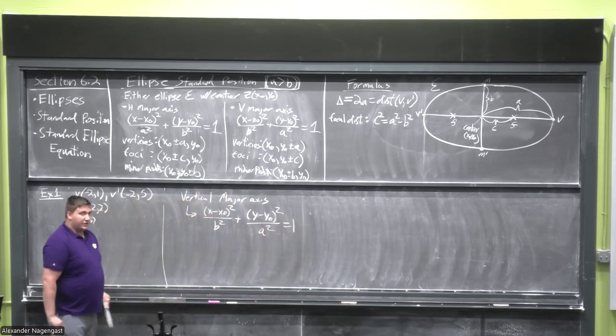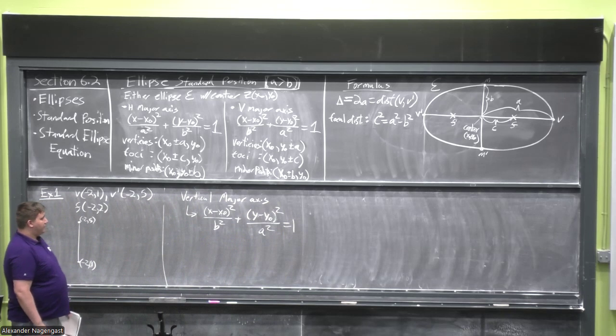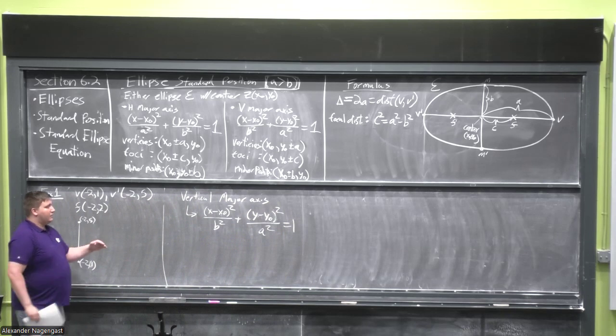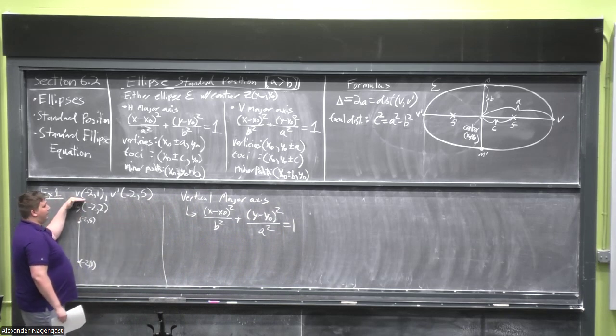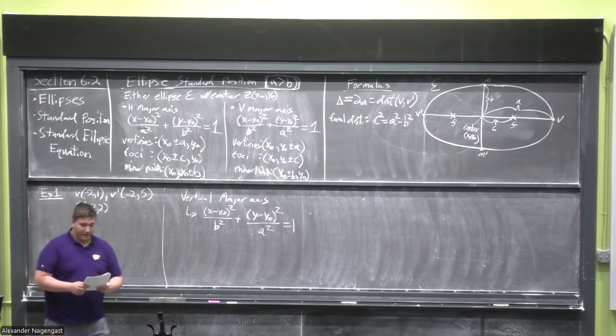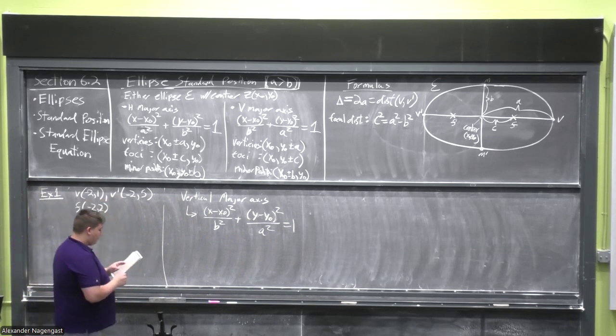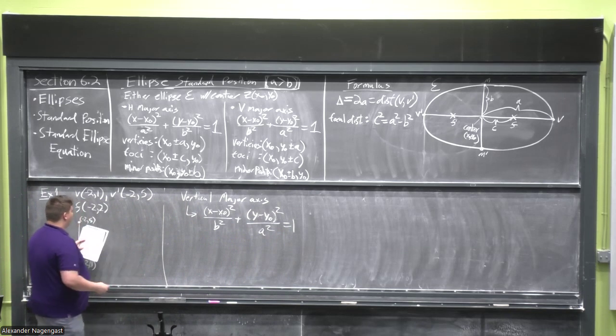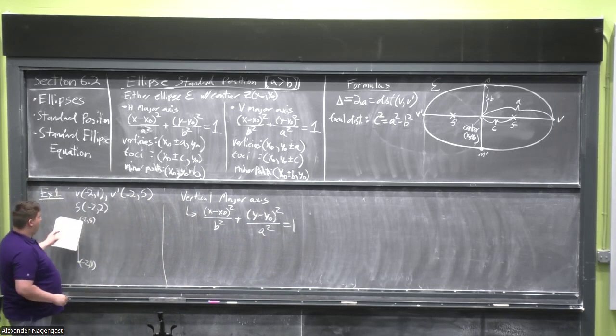We should be able to write this down right away. And again, we know it's vertical because we have the vertices here, so we know that it is a vertical major axis.